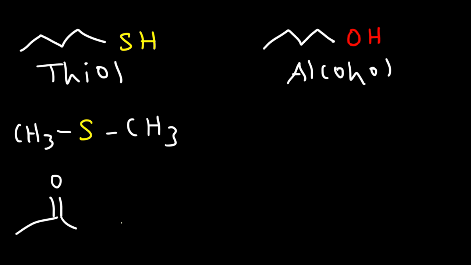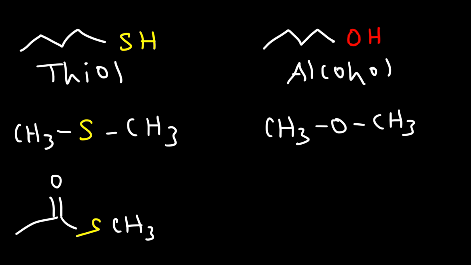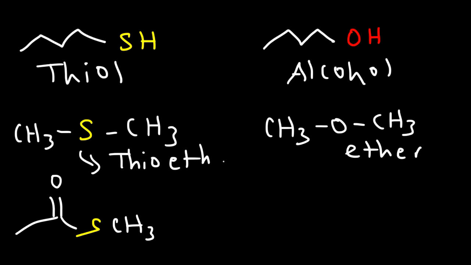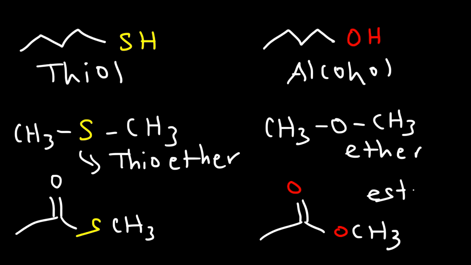So here are some other examples. On the right, this is known as an ether. So what do you think the functional group on the left is going to be called? This is known as a thioether. Now on the right, at the bottom, this is called an ester.